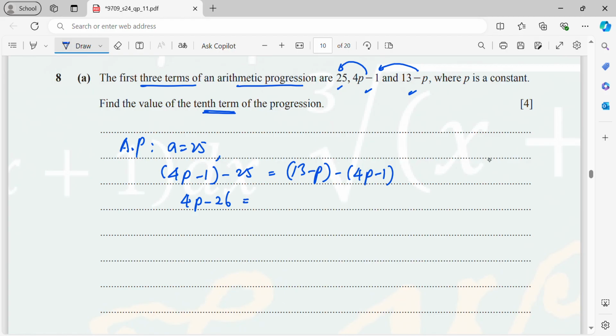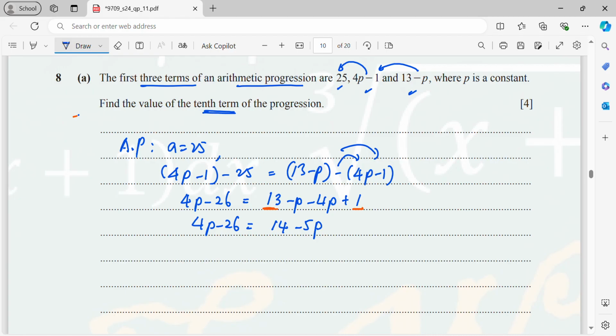Then for the right side, 13 minus p, the minus you bring it into the brackets. So it will be minus 4p, minus is a plus 1. So now I will write 4p minus 26 equals to, simplify the constants, it will be 14 minus p minus 4p, minus 5p.